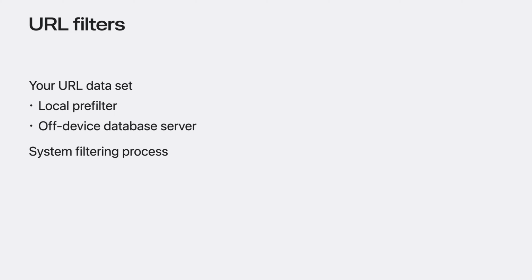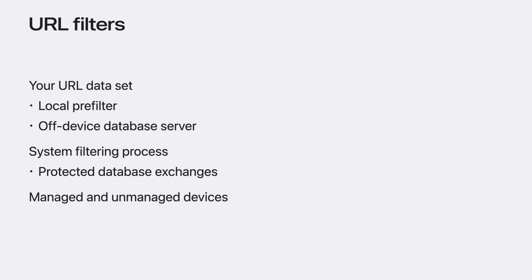The system performs on-device prefilter to improve performance and may perform off-device database lookups for final verdicts. All off-device database exchanges are protected to ensure content and identity privacy preservation. With strong privacy preservation, URL filters are supported on both managed and unmanaged devices.